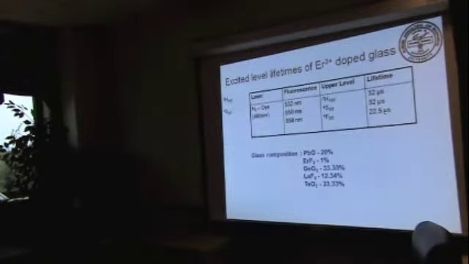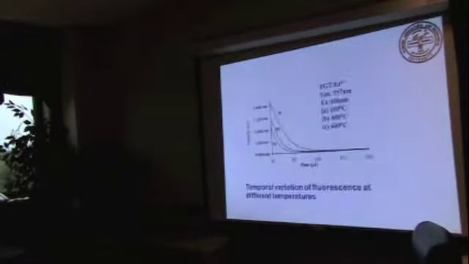This is another level, a lower level, and it has a different value. You measure this level's lifetime as a function of temperature, and you will get some graph. Here you see how the intensity is decaying as a function of time. The x-axis is time, and the y-axis is intensity. Whenever you increase the temperature, this decays much faster. So by fitting an exponential function to this, you can extract the lifetime.